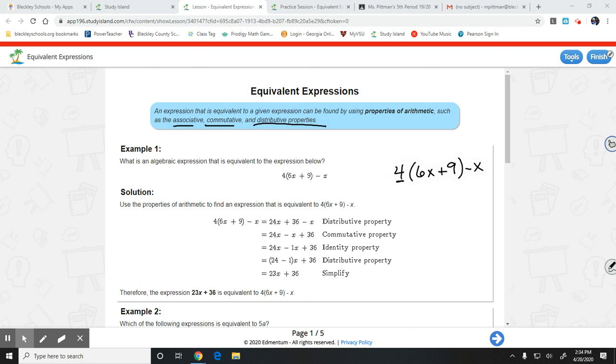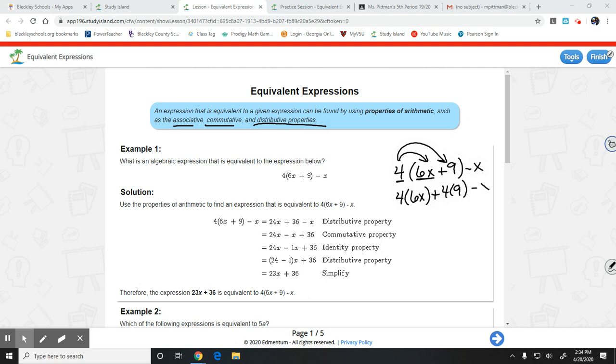See how we have this 4 sitting outside these parentheses? We're going to distribute or multiply that number into each term inside the parentheses. So we're going to have 4 times 6x plus 4 times 9.